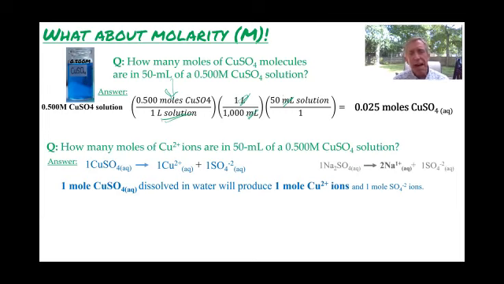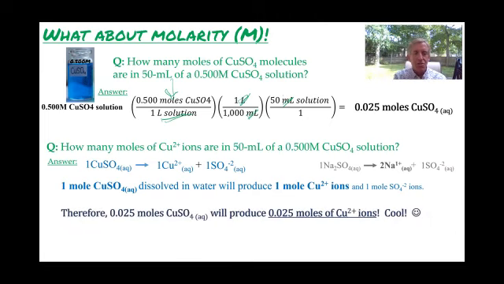And just as an aside, if I were to have some other species like sodium sulfate and ask about sodium ions, recognize that for every mole of sodium sulfate, you produce 2 moles of sodium ions. So you would actually double the amount of moles of sodium ions. But for copper, it's 1-to-1. So no math needed here, as long as you can show me the ratio is 1-to-1. Cool.